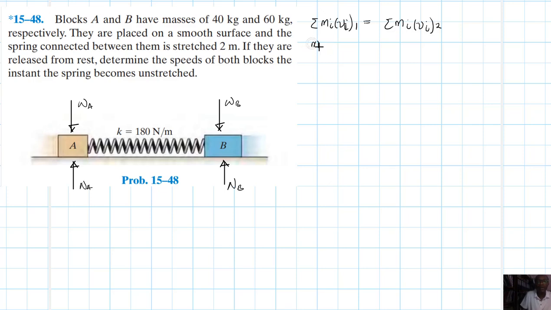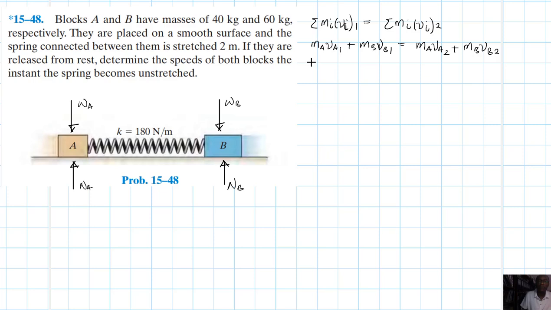So at the very beginning, they are released from rest, so we have mA vA1 plus mB vB1, and this is just going to be equal to mA vA2 plus mB vB2.